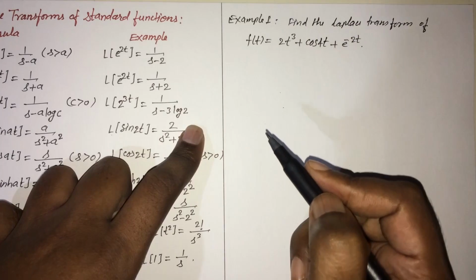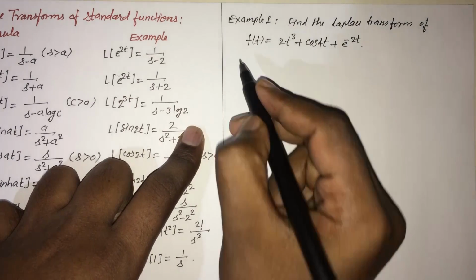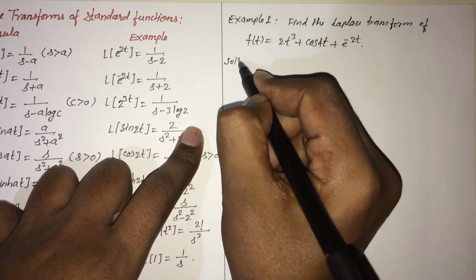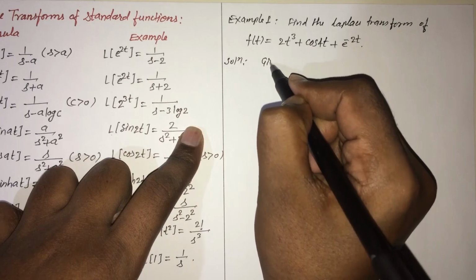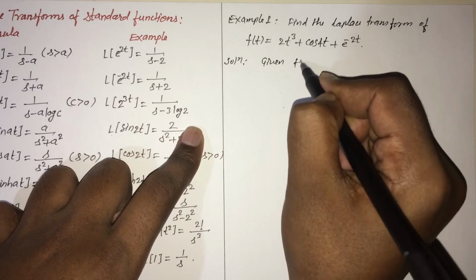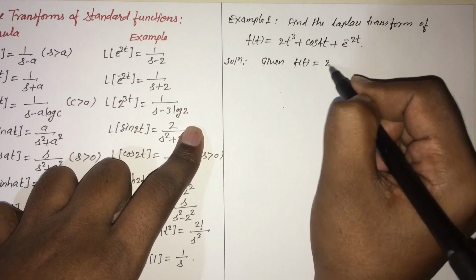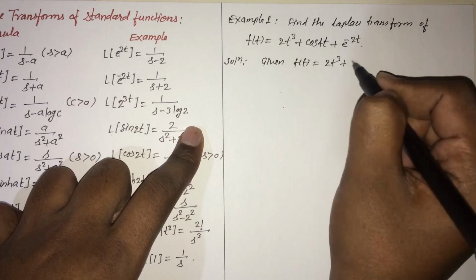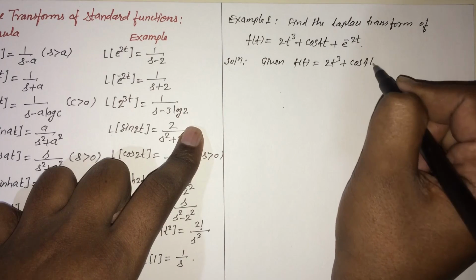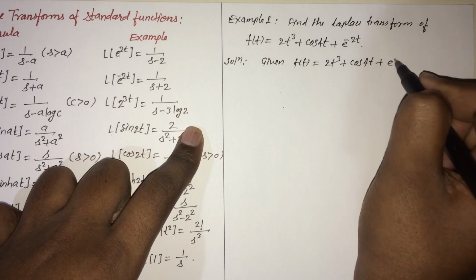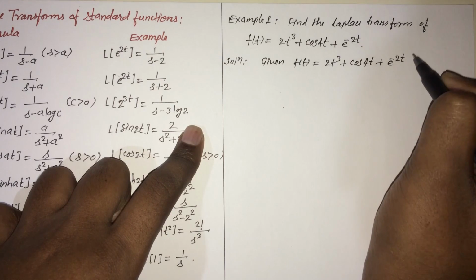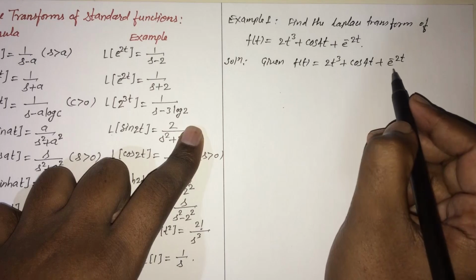So this is the function. We have to find the Laplace transform of this function. The solution: given f of t equal to 2t cube plus cos 4t plus e raised to minus 2t. Now applying Laplace transform on both sides.